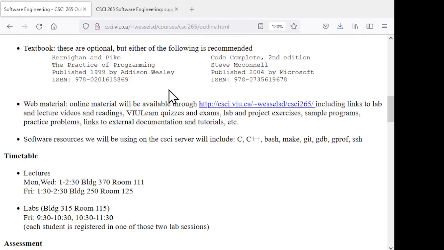There is no official textbook for the course. We're going to be using a lot of online resources, and I'm going to point you at a lot of different places. If you really like having something physical to grab onto, there are a lot of decent textbooks on software engineering, a couple in particular that are older but have some really good ideas in them.